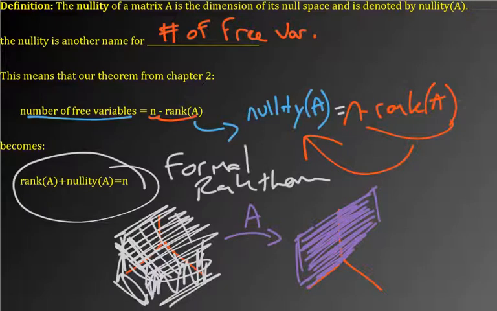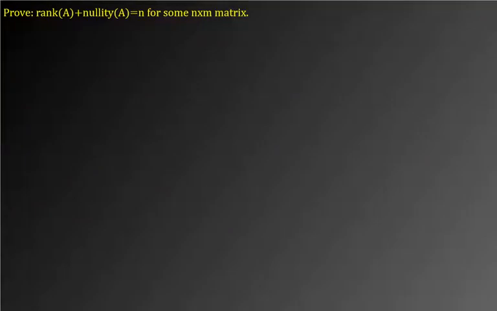So very important, but also not that hard to use. Basically it says how many things get lost. In this case, 1 dimension gets lost, and 2 dimensions get transferred. 2 plus 1, 3. All right.